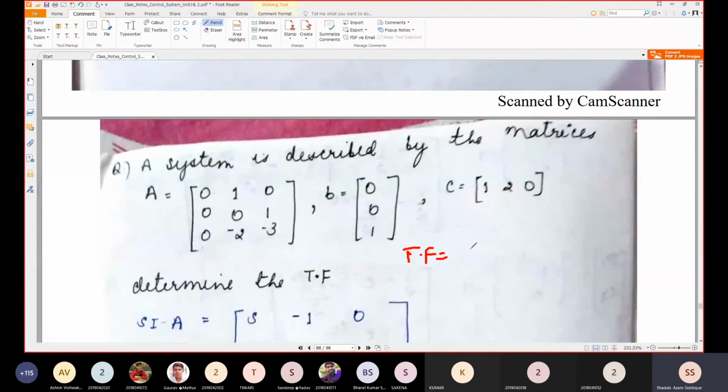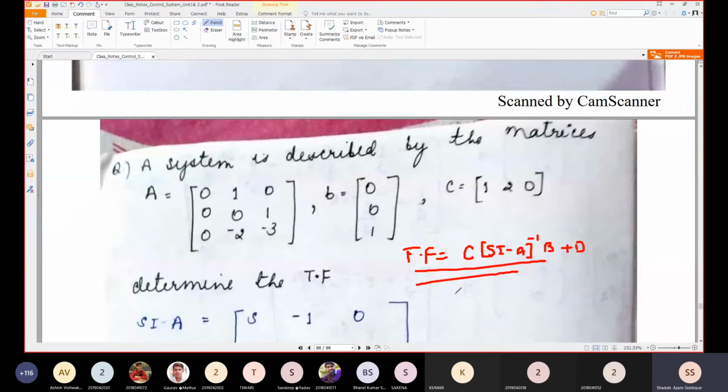Transfer function was C (sI minus A) inverse B, plus D. Here D is not given, so by default it will be 0 and will not be added. So here the transfer function will be C (sI minus A) inverse into B.